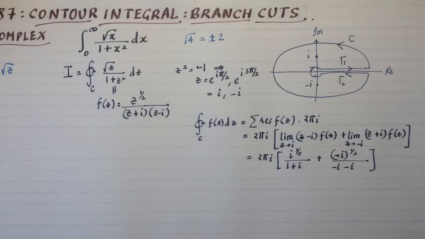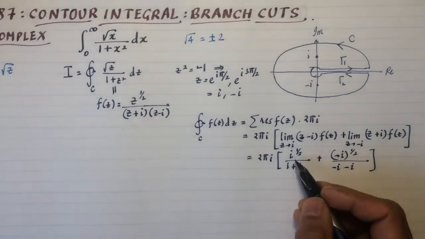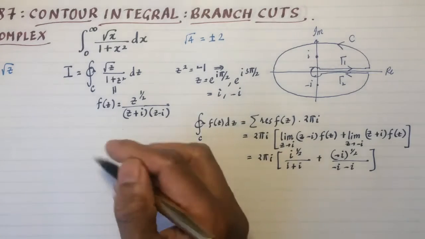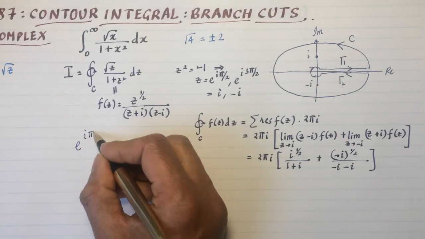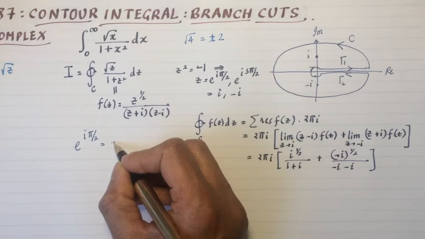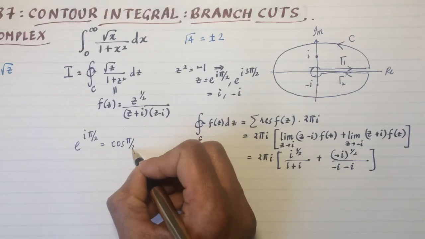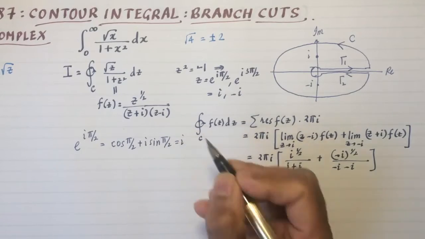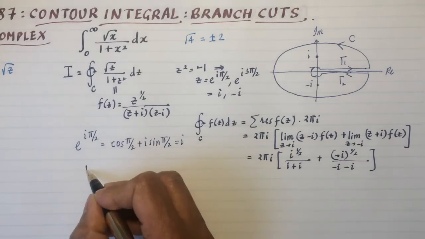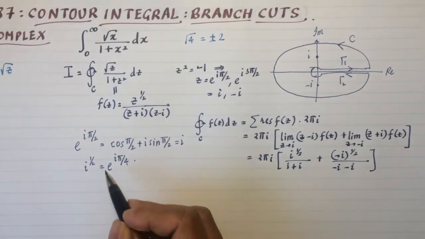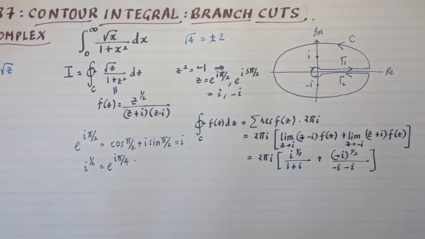Now, one way of thinking about the square root of i is e to the i pi by 2. First, let's find out what e to the i pi by 2 is. It's cosine pi by 2 plus i sine pi by 2. So in other words, it's just i. So the square root of i is just e to the i pi by 4, because it's 1/2 of that.